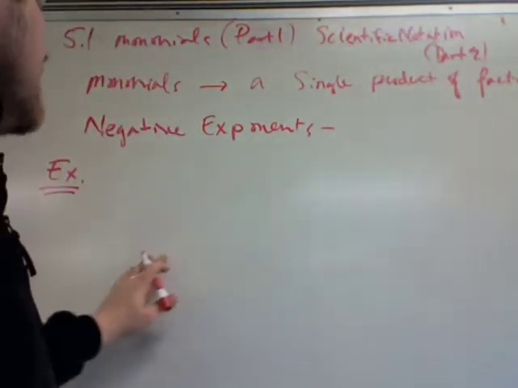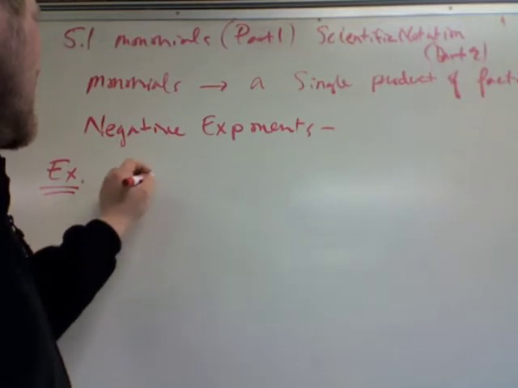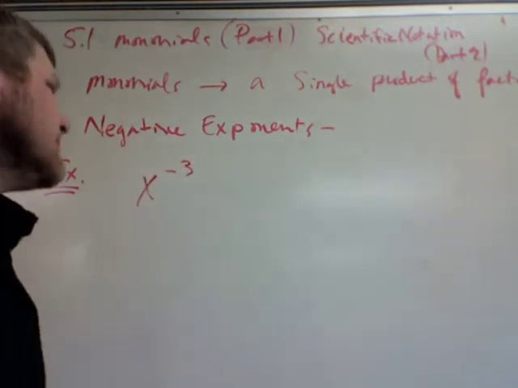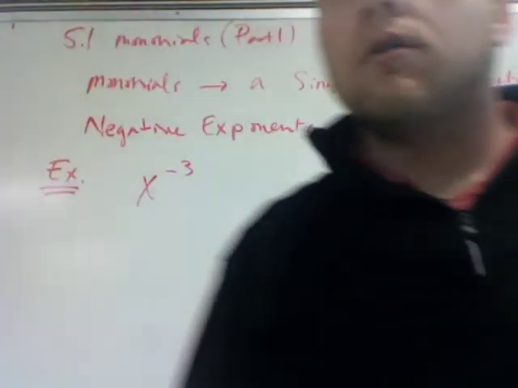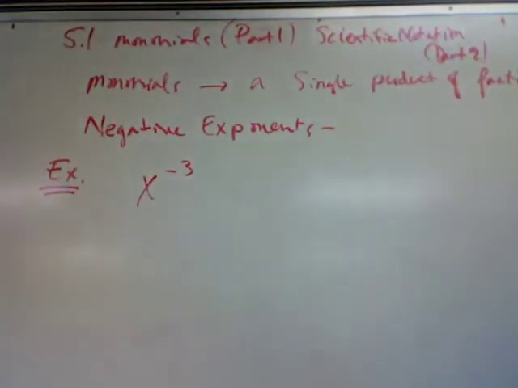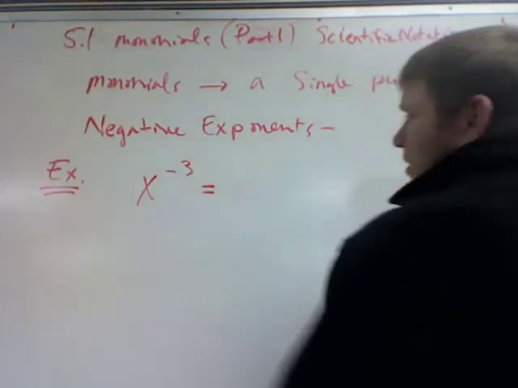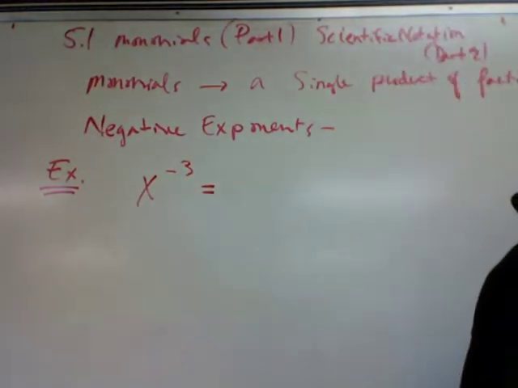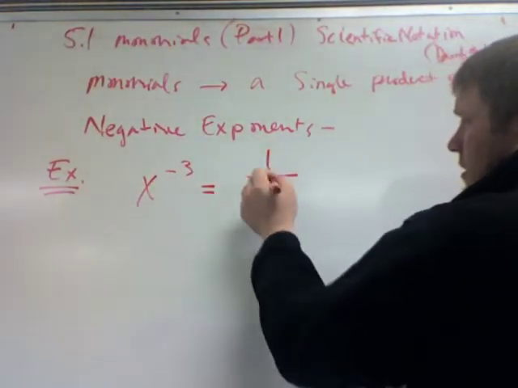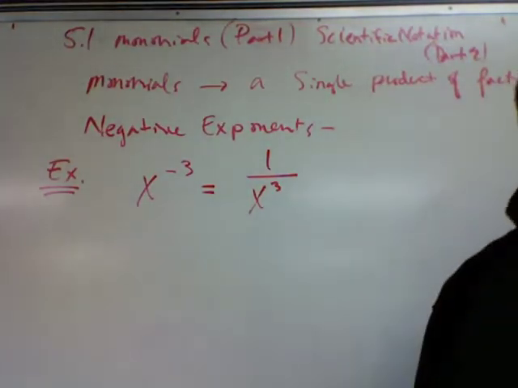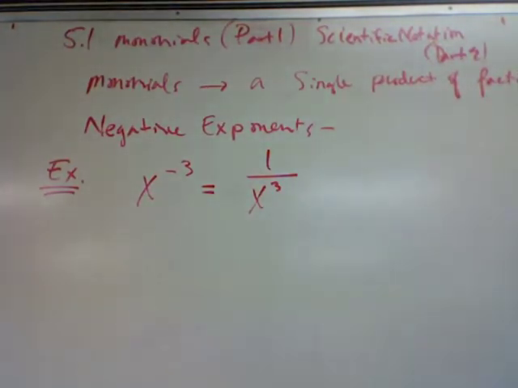A rule of negative exponents, for example, if we have x to the negative 3, to make that exponent positive, does anybody know what we need to do? We take the reciprocal of the entire power. I take the entire power and put it in the denominator, and the exponent automatically becomes positive. This is how we deal with negative exponents.